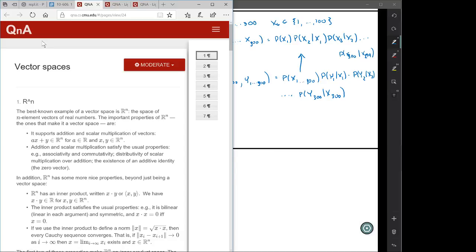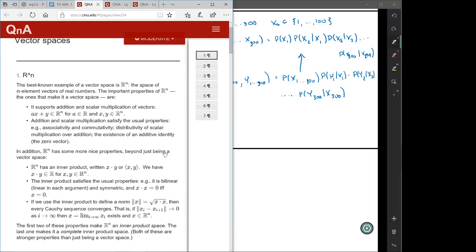Given a vector x, a vector y, and a scalar a, ax plus y is a vector. And addition is associative and commutative. You can distribute multiplication over addition. There are all of these standard properties that you use to manipulate expressions involving vectors.